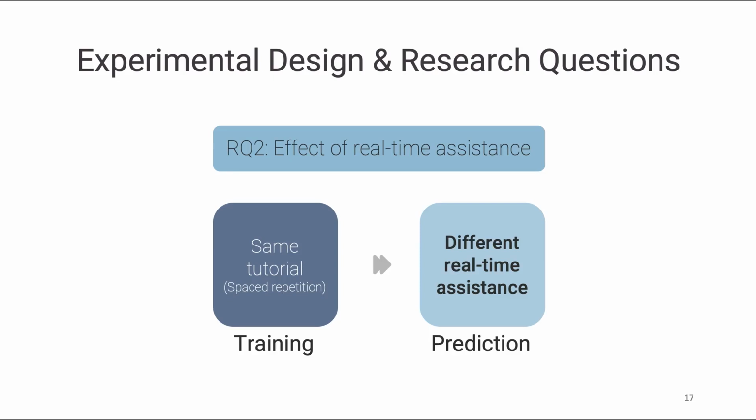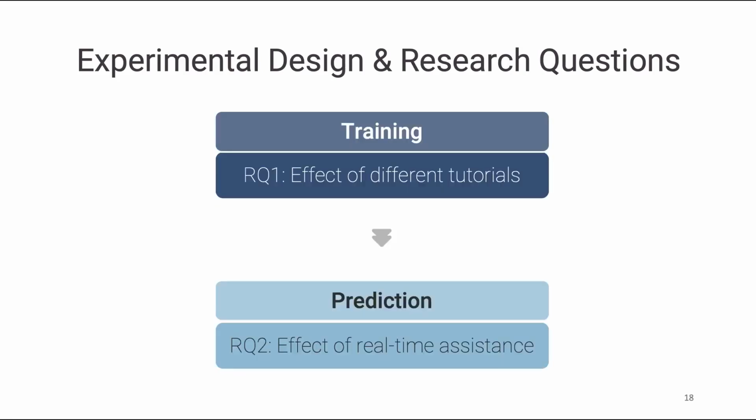Instead of no assistance from the machine during the prediction phase, participants are exposed to different types of real-time assistance, and we compare how each type of real-time assistance affects the human performance. In short, research question 2 investigates the effect of real-time assistance during the prediction phase.